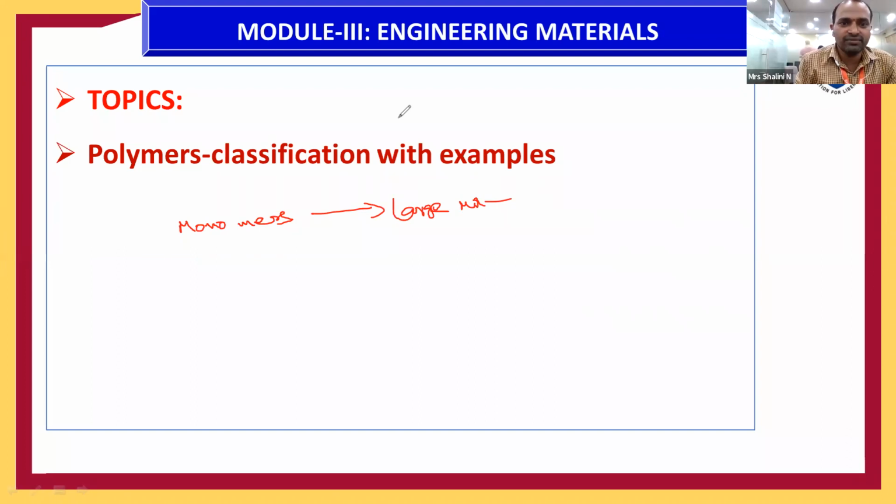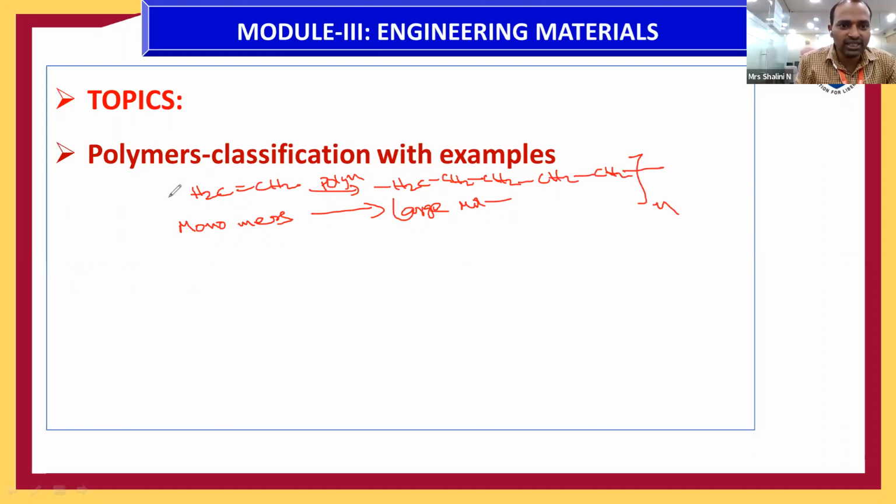For example, if you take H2C=CH2, that is the ethylene molecule, it undergoes polymerization to form (CH2-CH2) taken n times.